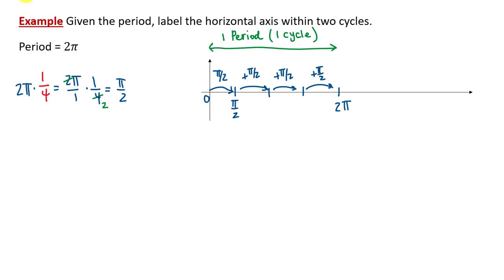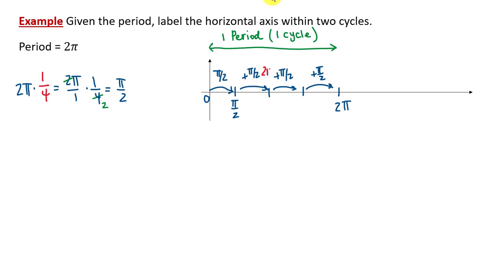And to make my computations easier, first I'm going to add without simplifying any fractions. And then I'm going to clean everything up and produce final numbers that I put on the horizontal axis. So for now, I'm going to be writing my notes above the axis. So let's see, I have pi over 2 plus pi over 2. That gives me 2 pi over 2.